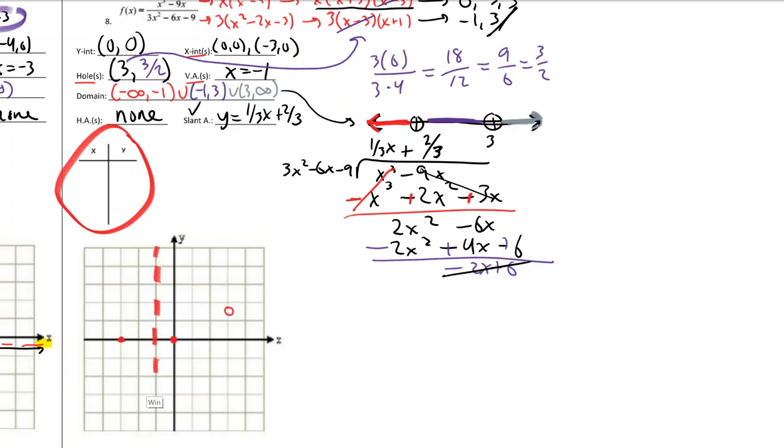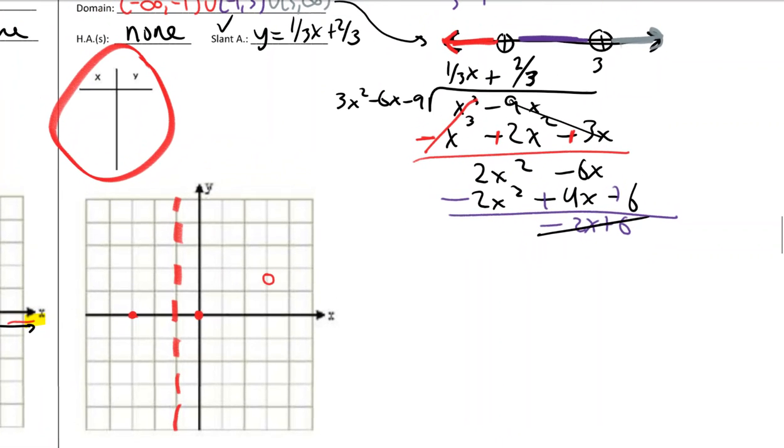Asymptotes are dashed lines, whether they're slant, vertical, or horizontal. Now the slant asymptote is in mx plus b format. So I know it's got a y-intercept of 2/3 and a slope of one-third.